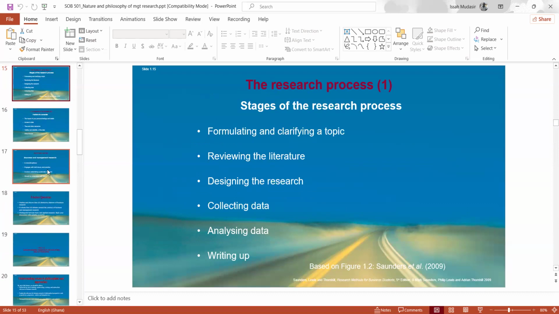But this is a final breakdown of what the research process entails. The first step is to formulate and clarify your topic or problem. Formulate, and then what? You clarify your problem.